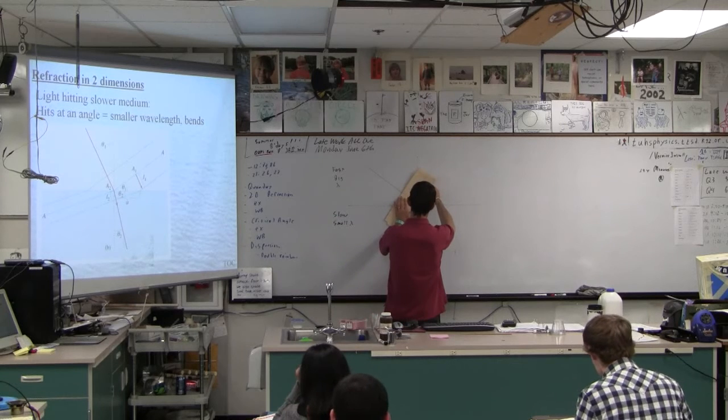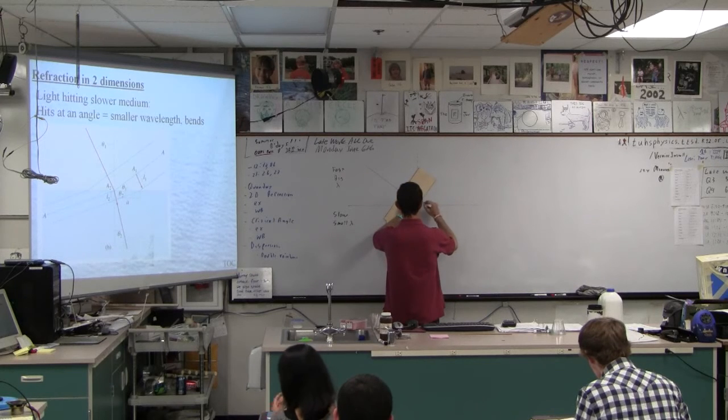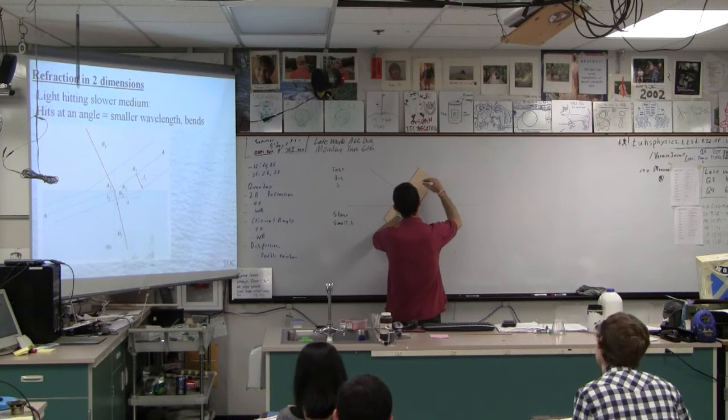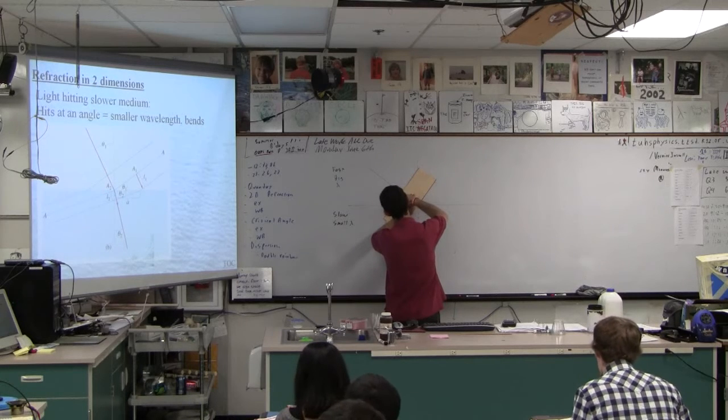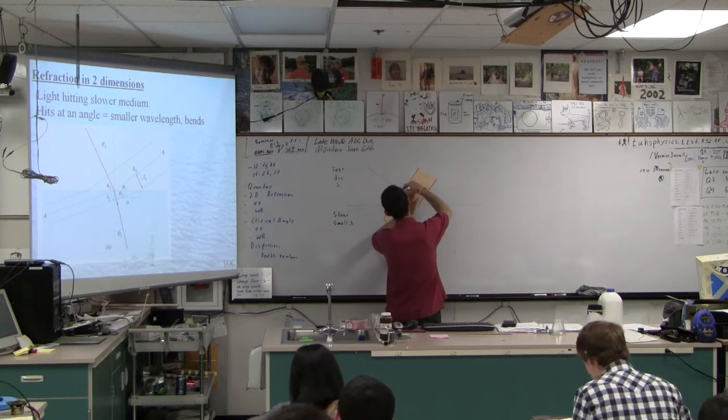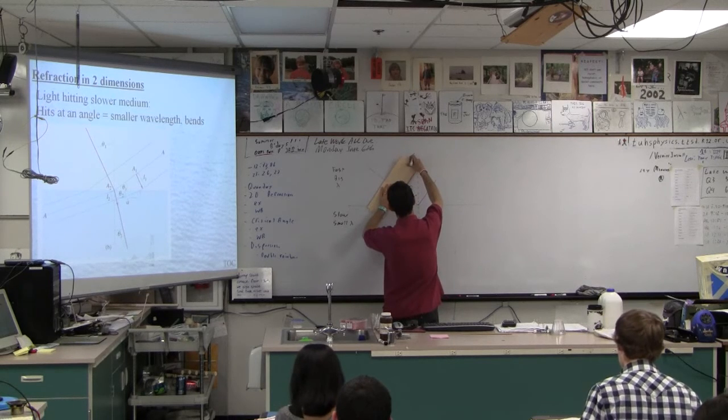I'm going to start this guy here, right there, and I'm going to put one of the wavelengths right there. And then I'm going to draw this guy here. And I'm going to draw another wave out here.